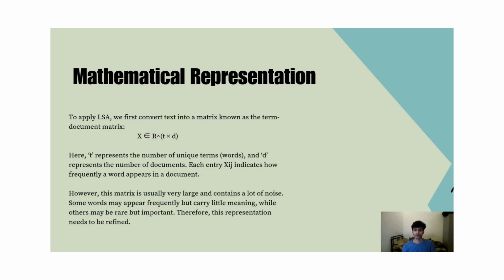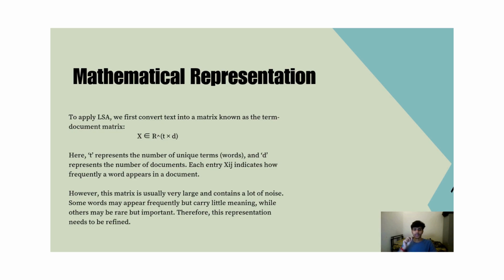So let us now move from the conceptual understanding of text to its mathematical representation, which is the foundation of latent semantic analysis, which we can say as LSA. To apply LSA, we first convert textual data into a structured numerical format known as a term document matrix. Here, T represents the number of unique terms and D represents the number of documents in our dataset.